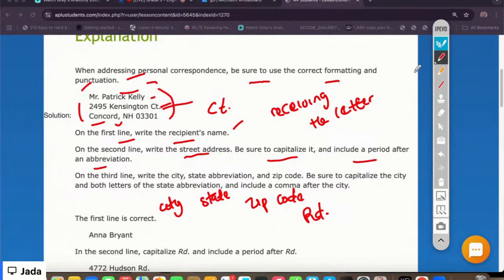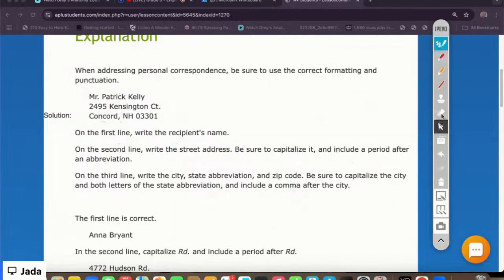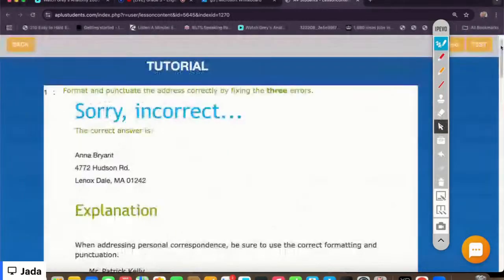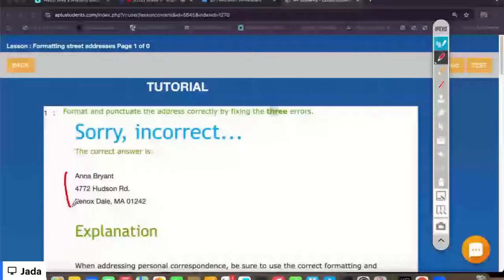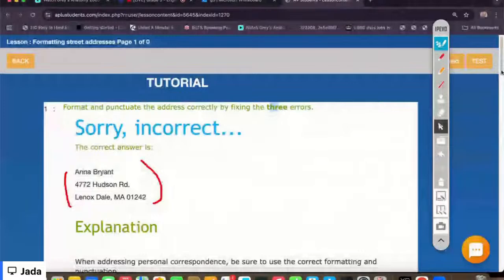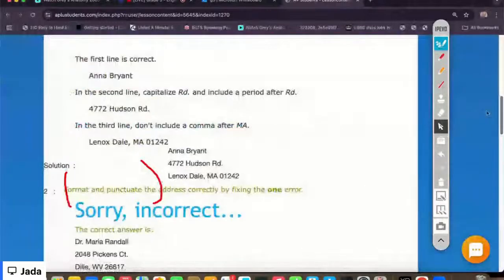All right, let's look at some more examples. Format and punctuate the address correctly by fixing the three errors. You have to check what errors are here. The first line is correct, which is Anna Bryant, so the name is obviously correct.